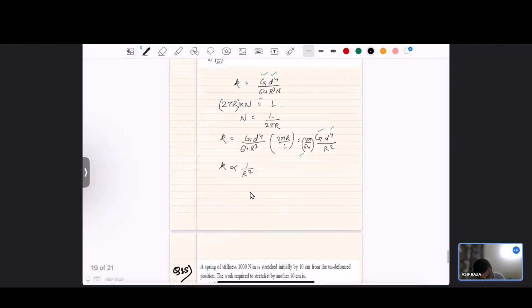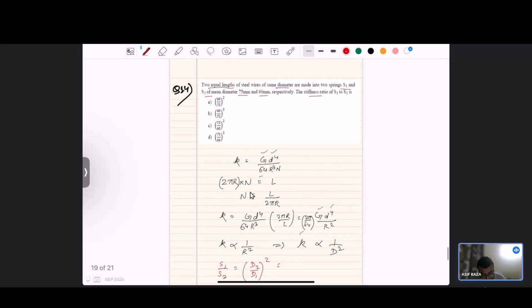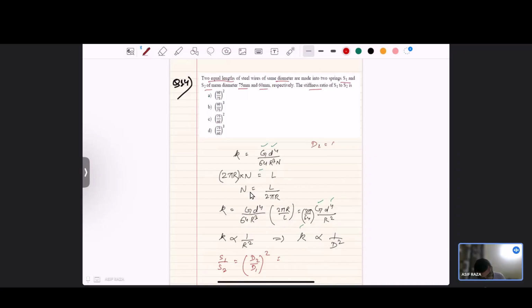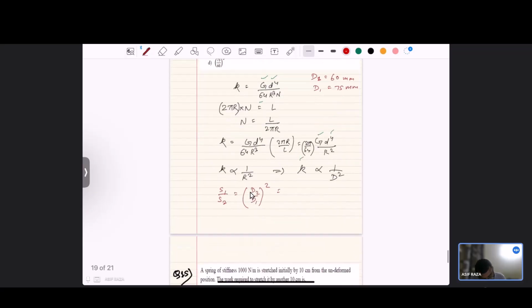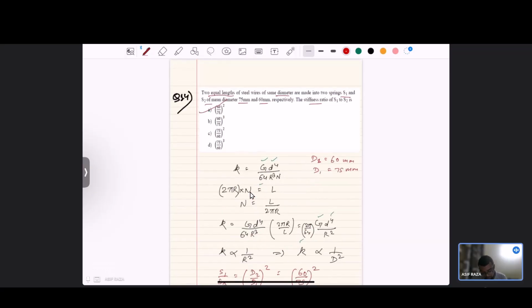That can also be written as k is inversely proportional to d square. I can now write S1 upon S2 as d2 upon d1 squared, where d2 is 60 and d1 is 75 mm, so 60 upon 75 squared. So this is the answer. The answer would be option A, 60 upon 75 square.